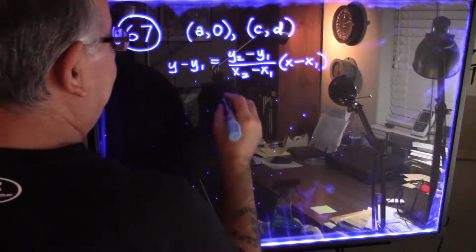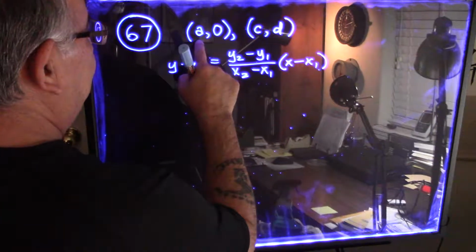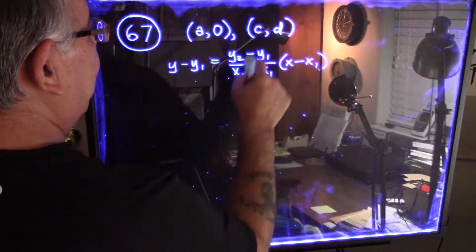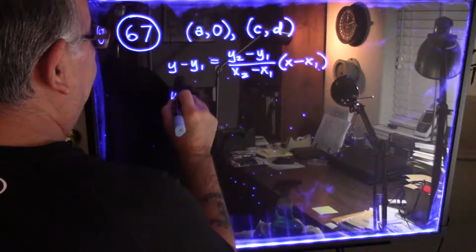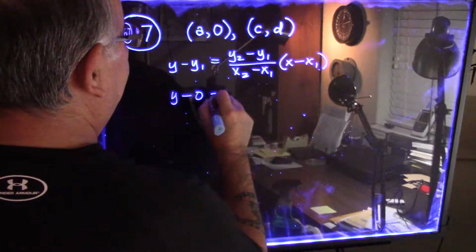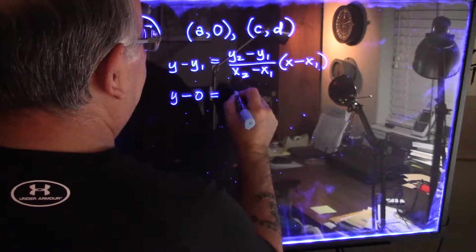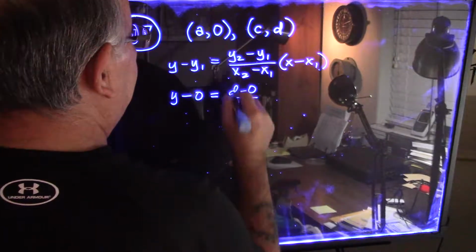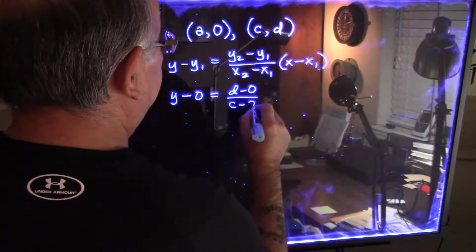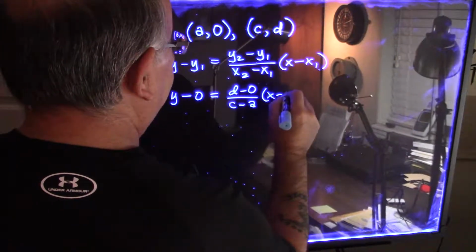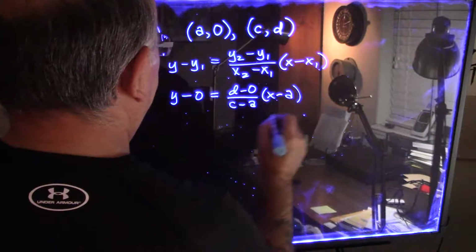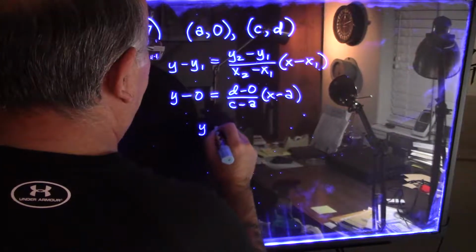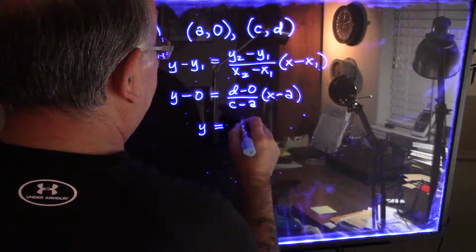So plugging in the numbers, this is going to be x1, y1, x2, y2. So you get y minus 0 equals d minus 0 over c minus a times x minus a. So y, it's just y on the left side, equals d over c minus a.